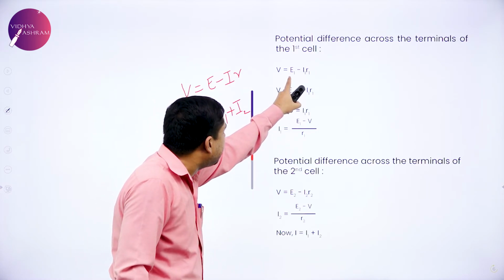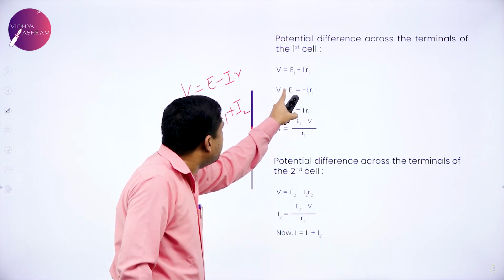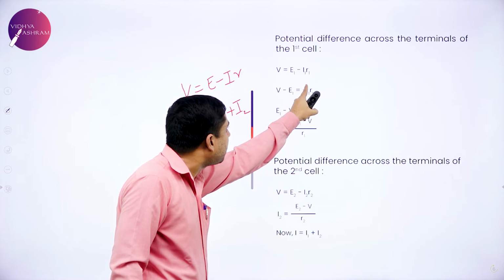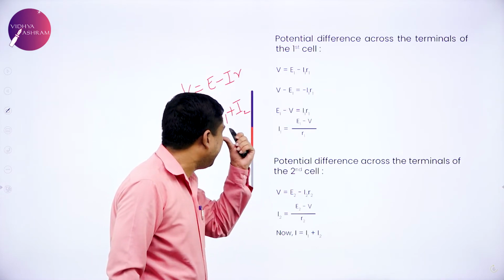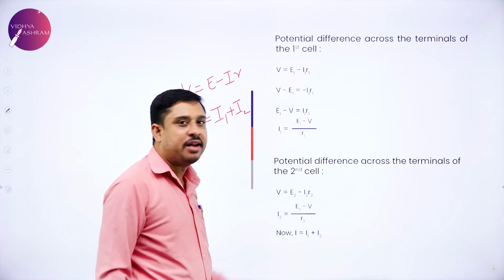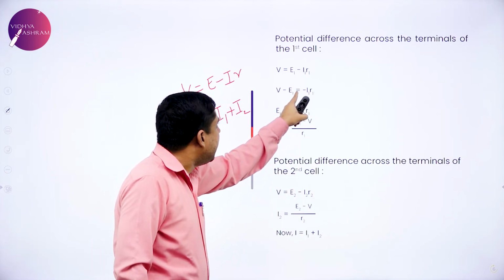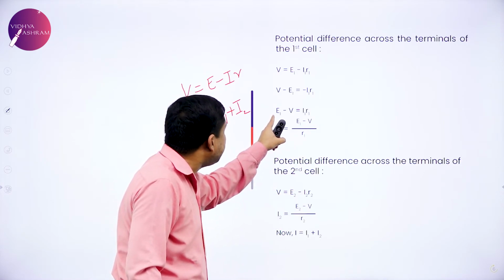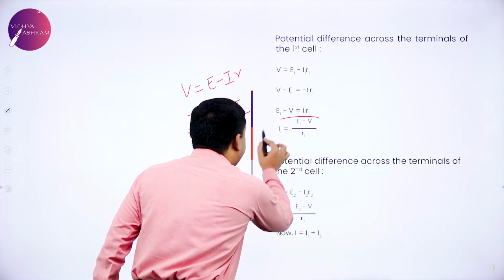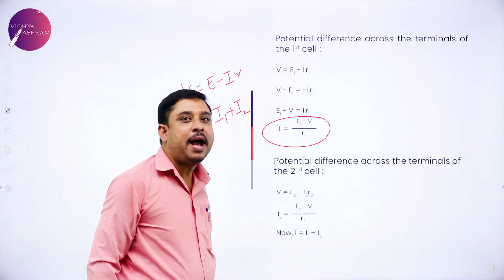So rearrange here, E1 is brought towards the left hand side: V minus E1 equals minus I1 R1. Eliminating the minus, E1 minus V is I1 R1, or I1 equals (E1 minus V) divided by R1.